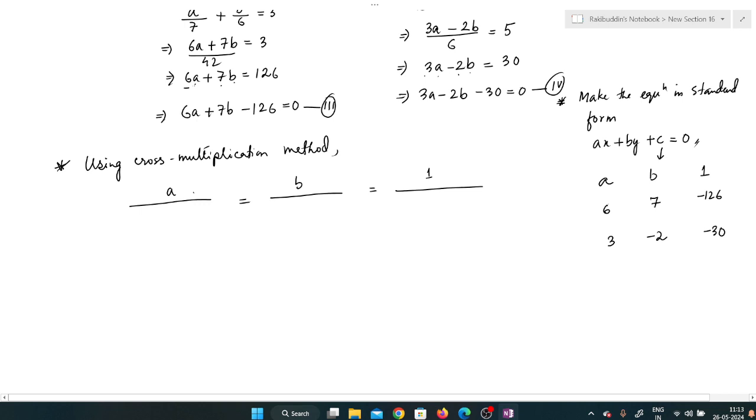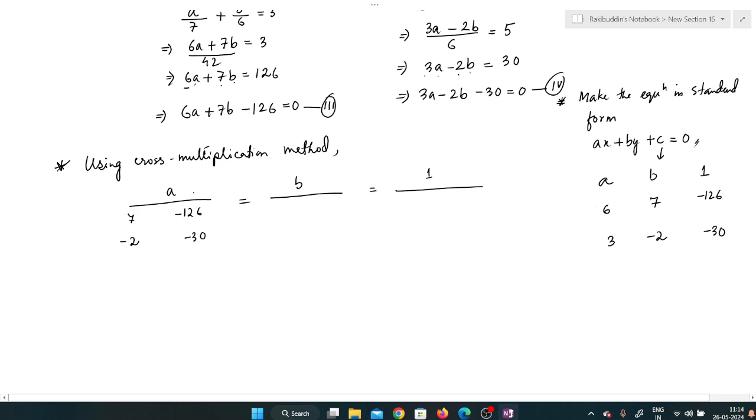So for a, we will not use this, we will use the remaining 2, exactly as it is: 7, minus 2, minus 126, minus 30, right?